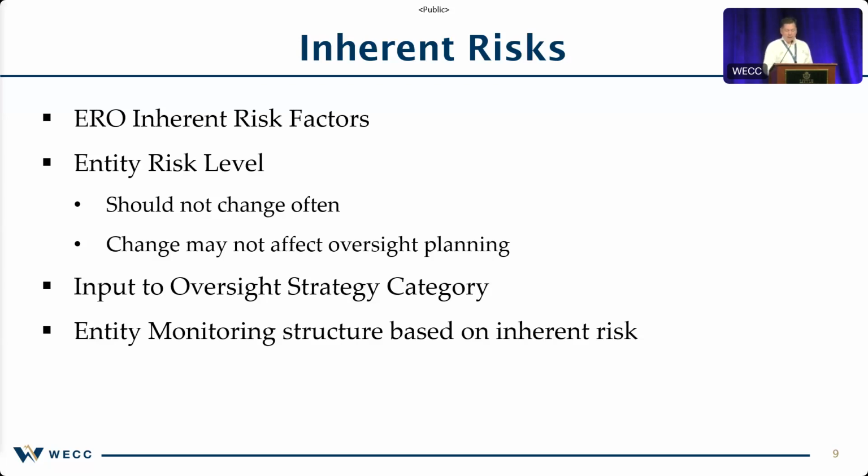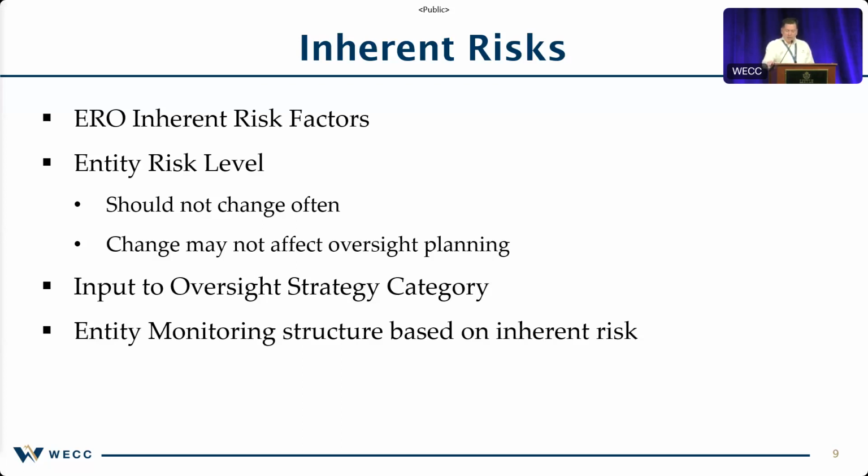And like I said, the inherent risk level is just a starting point. And we don't expect entities' overall risk levels to change. That starting point was where the entity monitoring team structure to go from high, medium, and low impact entities was used to determine how to segregate the entities out.